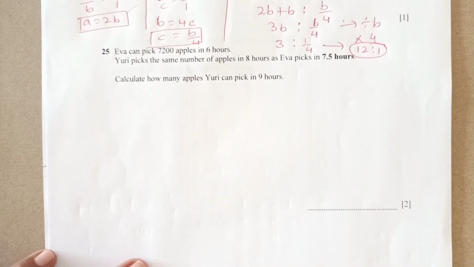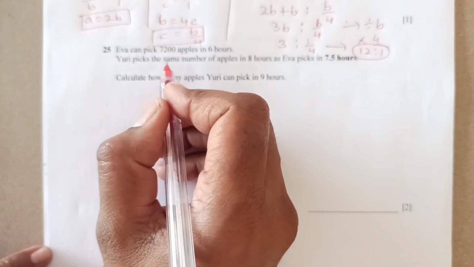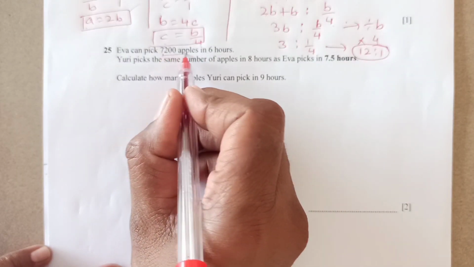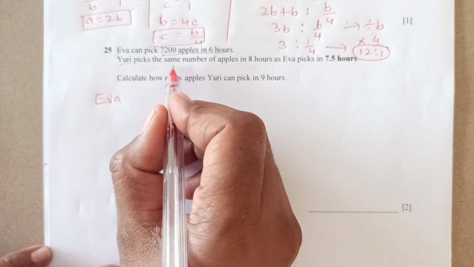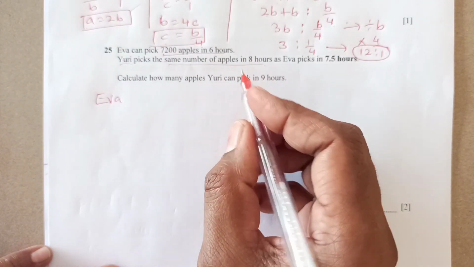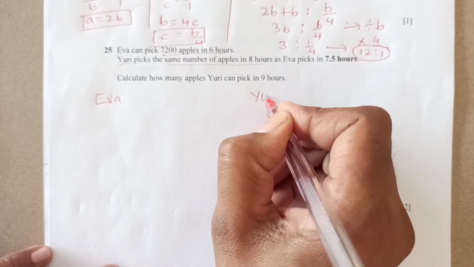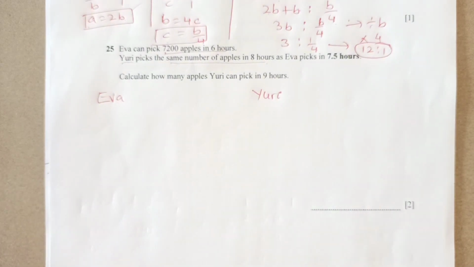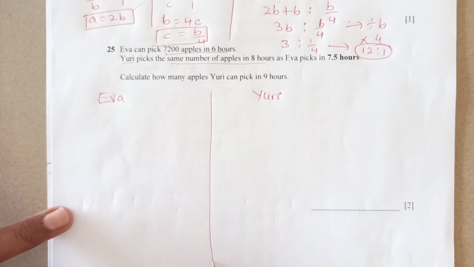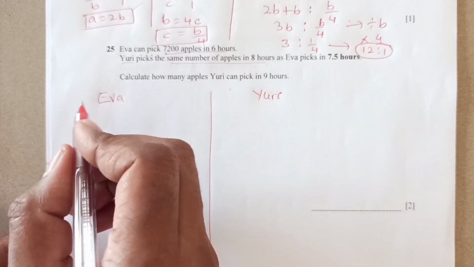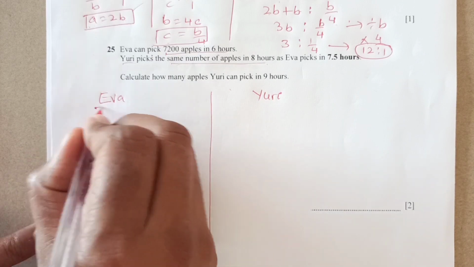Now number 25, Eva can pick 7,200 apples in 6 hours. So we have Eva here. Yuri picks the same number of apples in 8 hours. So here we have Yuri, right? So I will make it into two sections over here. First one, Eva picks 7,200.